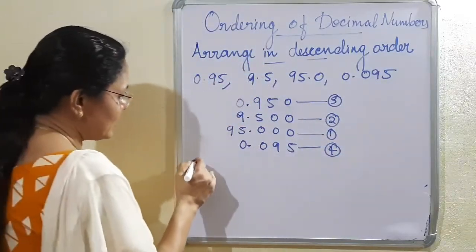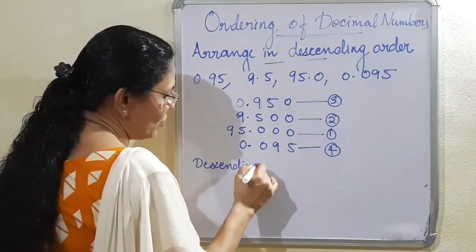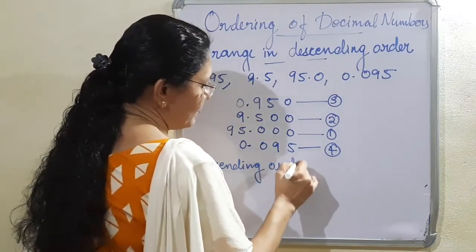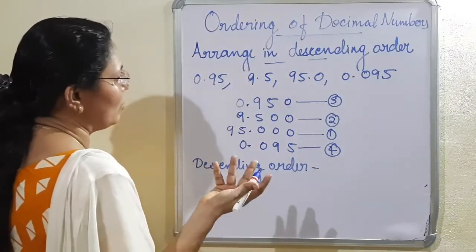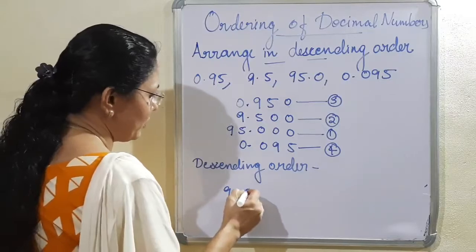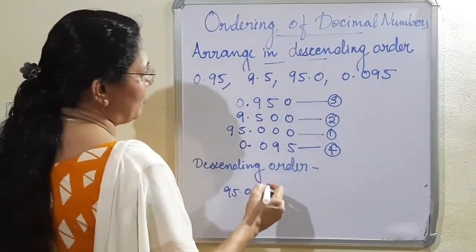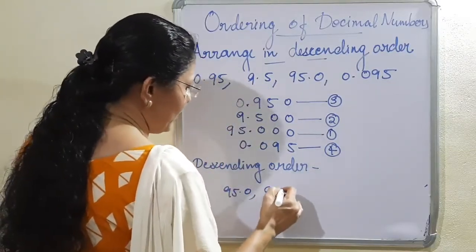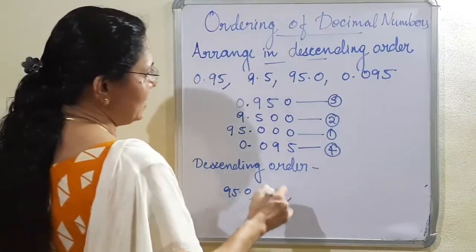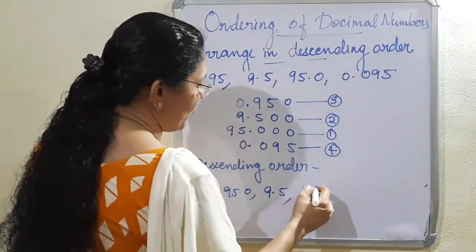Okay, therefore here the descending order of the numbers is what? First, 95.00, or 95 or 95.0; if you write like this also, no problem. The second one is 9.5, here it is given as 9.500. Next, the third number is 0.950, here it is given as 0.95.